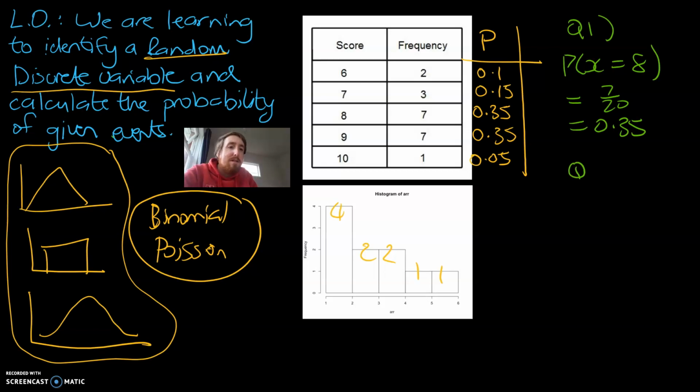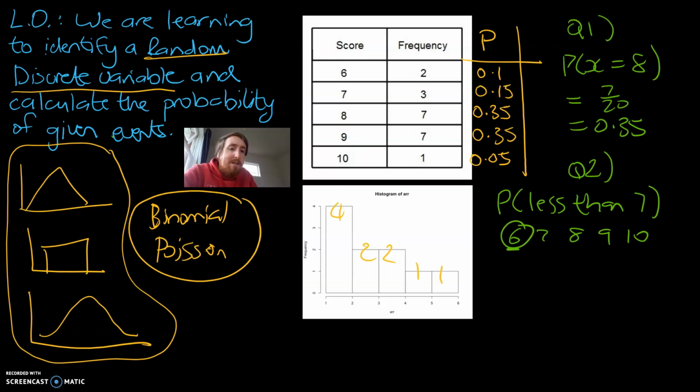We can also use that to make more sophisticated decisions. What's the probability of someone getting less than 7? Just like the other ones, we need to figure out, does less than 7 include 7? You could have got 6, 7, 8, 9, or 10. So less than 7 would only be 6. That's another way of saying what is the probability of getting 6, which in our case is 0.1.